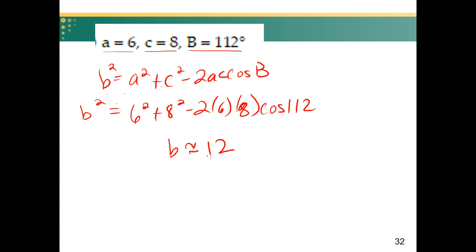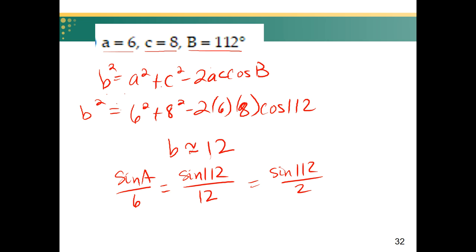Once you have B, you can use the law of sines to solve for capital A or capital C by doing, say, sine A over 6 equals sine 112 over 12, multiplying through by 6. This is sine 112 over 2 after you reduce it.